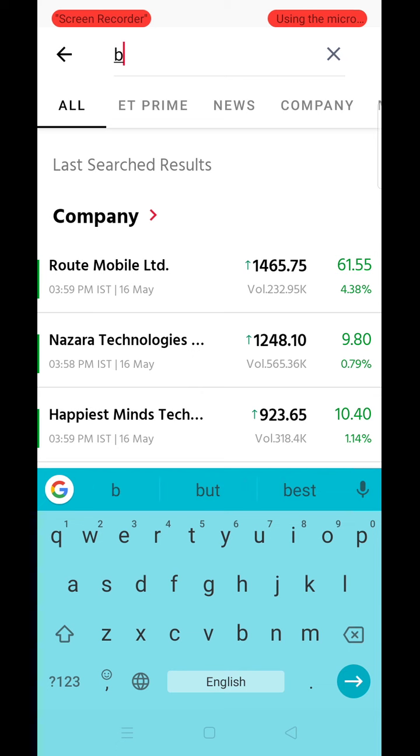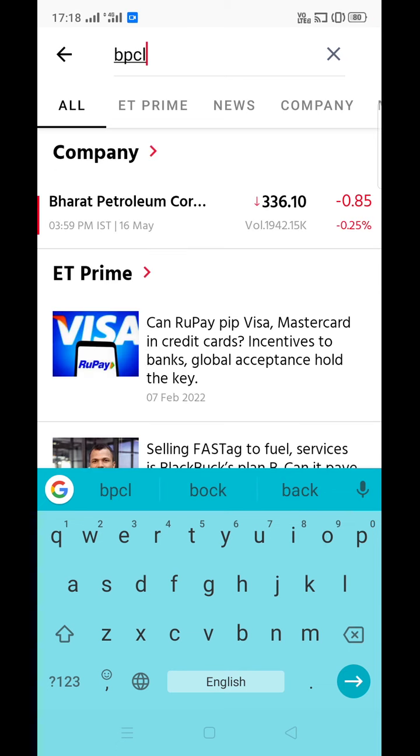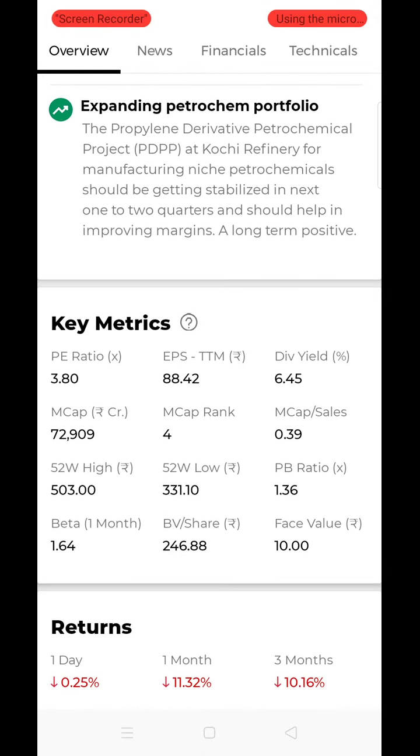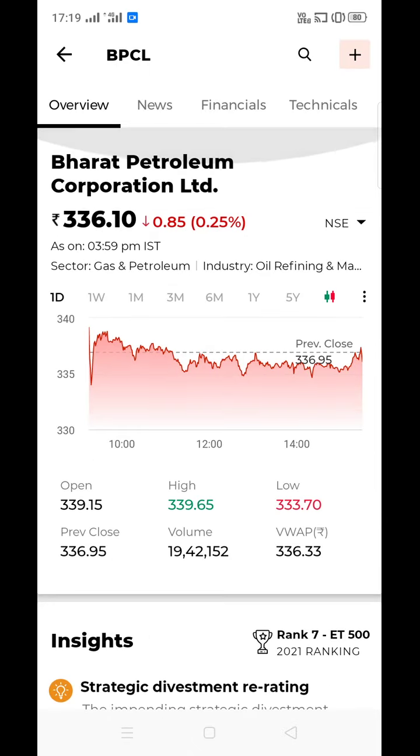Let's look at BPCL, 3.8. So see, sometimes a lot of good companies have very cheap valuation. The reason is they're dealing with commodities, like BPCL is dealing with petrol.